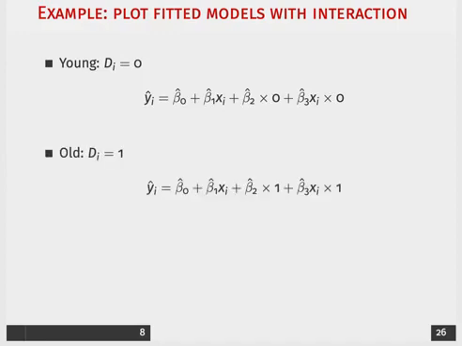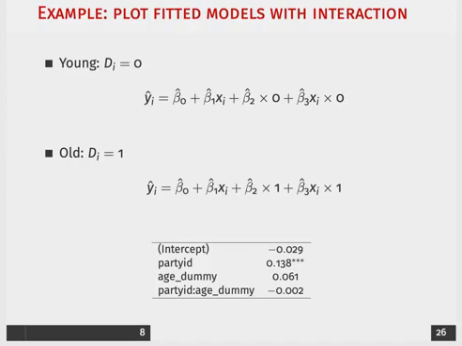For older individuals, we keep in those terms, right? And so that also is incorporated into our fitted line. Now in R, we're going to literally take these estimated coefficients from our regression object and plug them into our fitted line and then plot them to visually see that there really is no difference in slopes between the two lines.